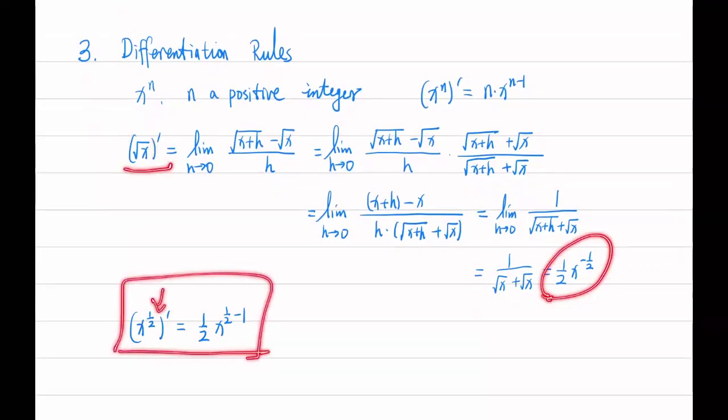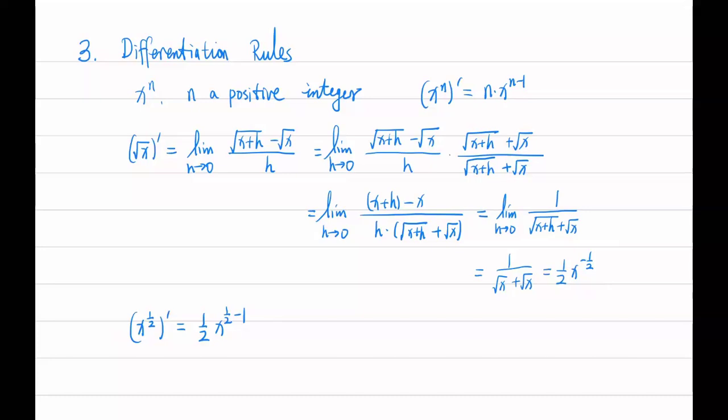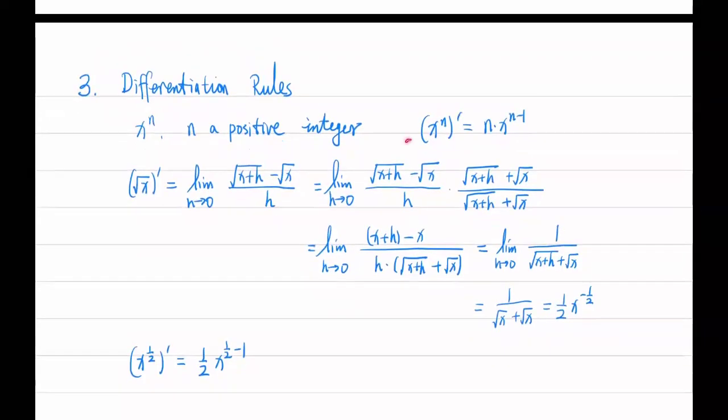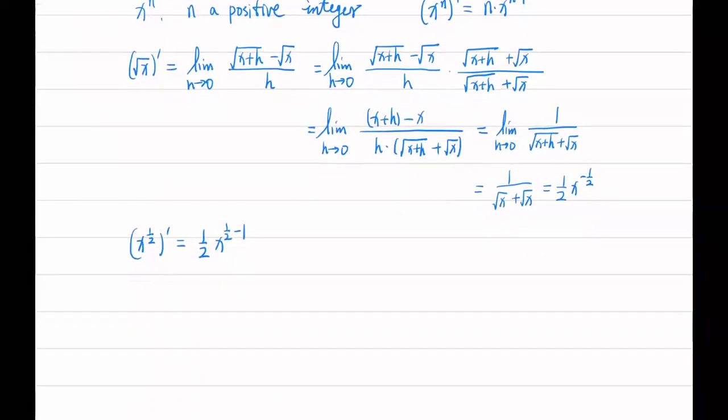It's the same rule we applied for the polynomials. So this formula, initially we said is for integers. Now it also holds for 1/2. And later we will have a more general case, a generalization of this formula.